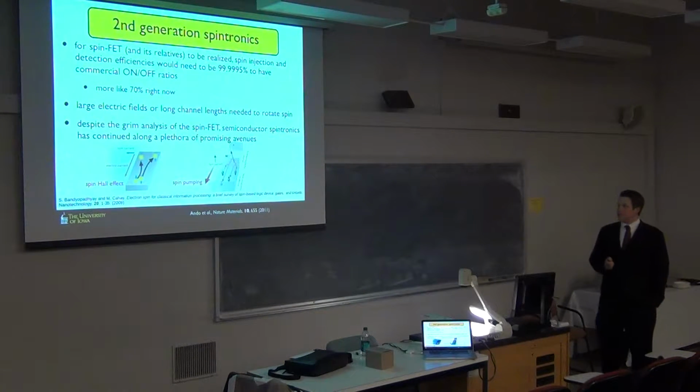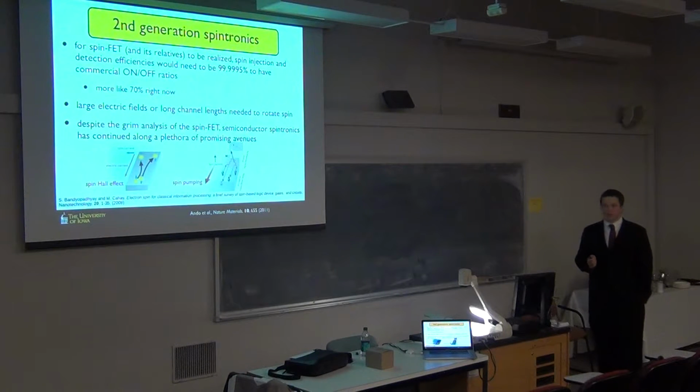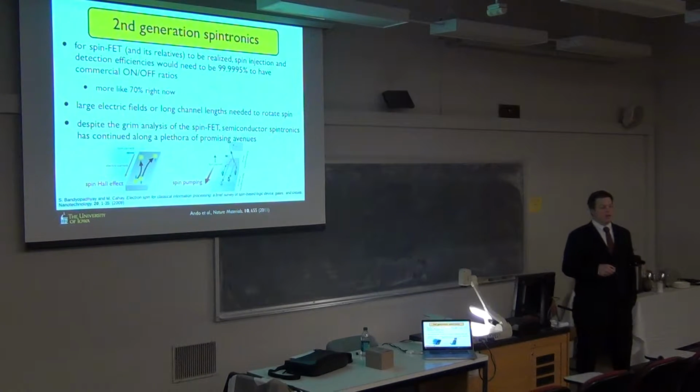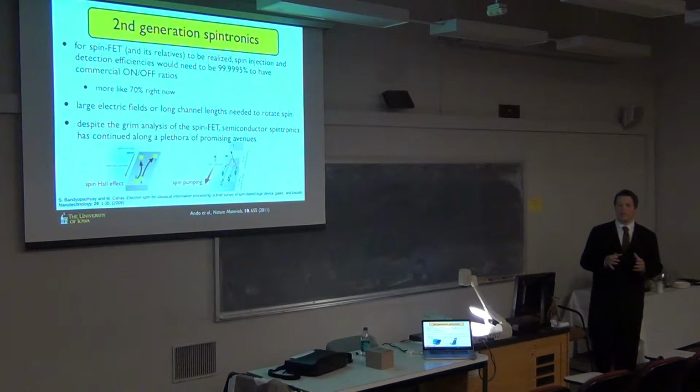Additionally, the electric fields to rotate the spin would have to be very large, or you'd have to have very long channel lengths to achieve that type of rotation. And that sort of defeats the purpose of having these large transistors.